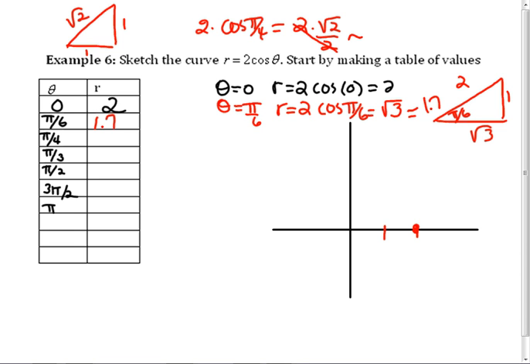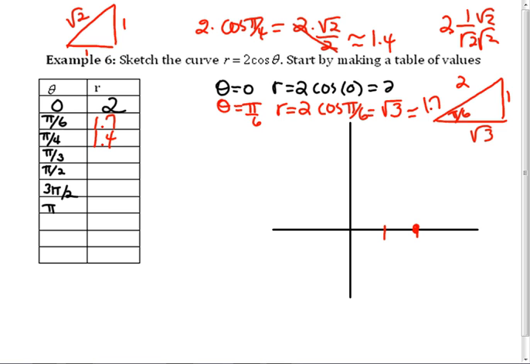Do you guys know how big that is? 1.4. It's close enough, we can't get better. Okay, so as we go around, the cosine of pi over 4 is square root of 2 over 2. Rationalize. Otherwise, you're going to get 2 times 1 over the square root of 2, and then you're still going to have to rationalize, or else you're going to have to use a calculator. I did not remember that at all.